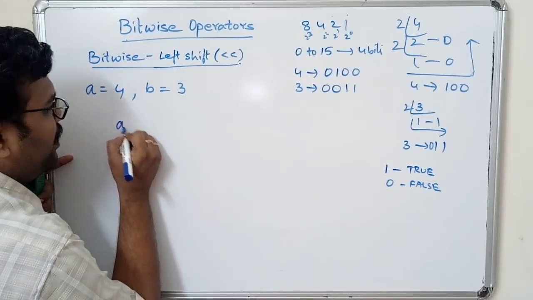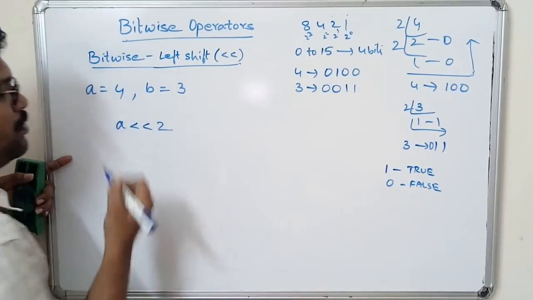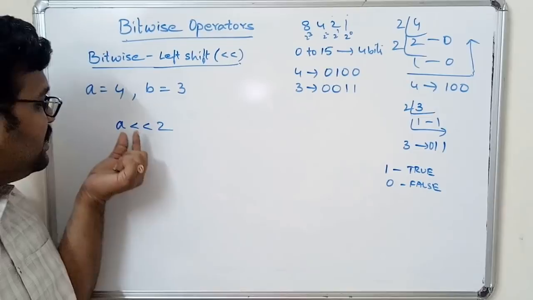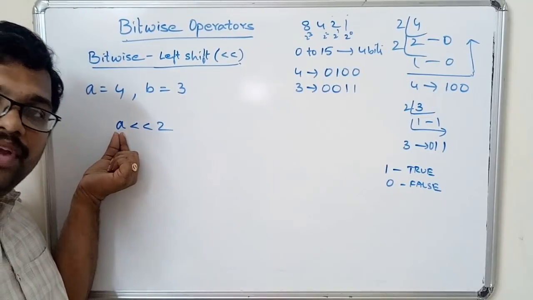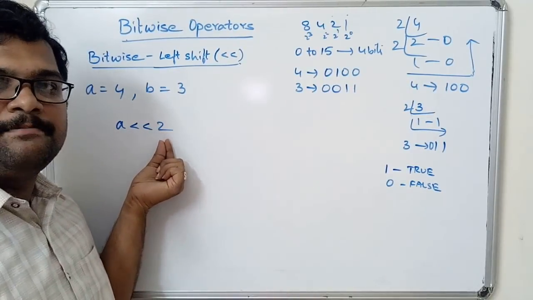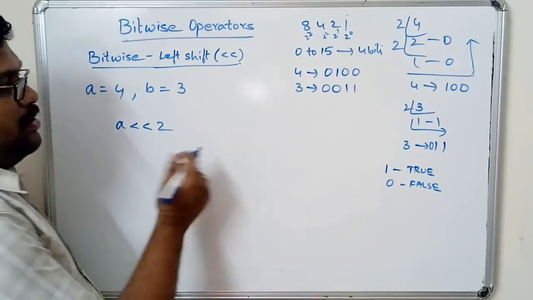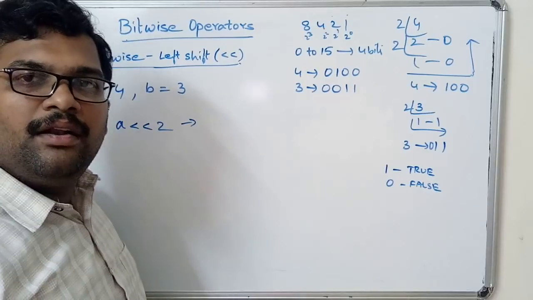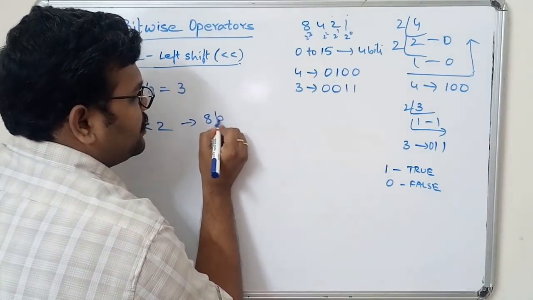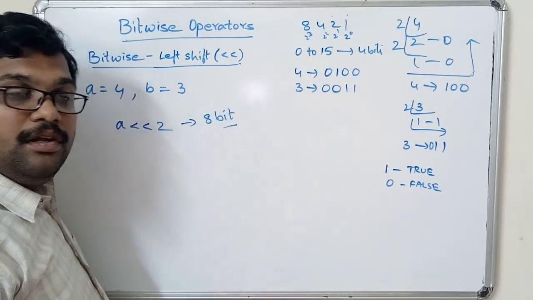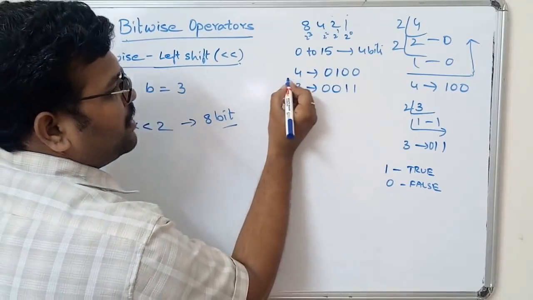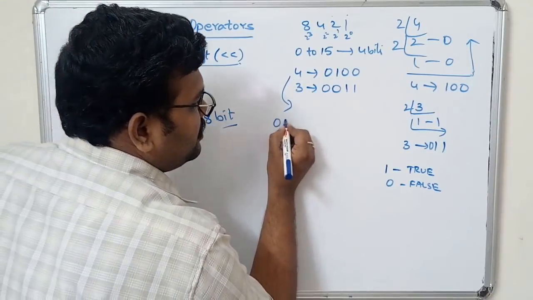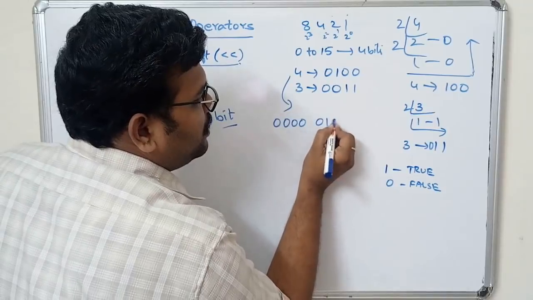Here, a left shift 2 means we need to shift the value of a by 2 bits. In general, this will be done on 8-bit representation. The 8-bit representation for 4 is 0 0 0 0 0 1 0 0.